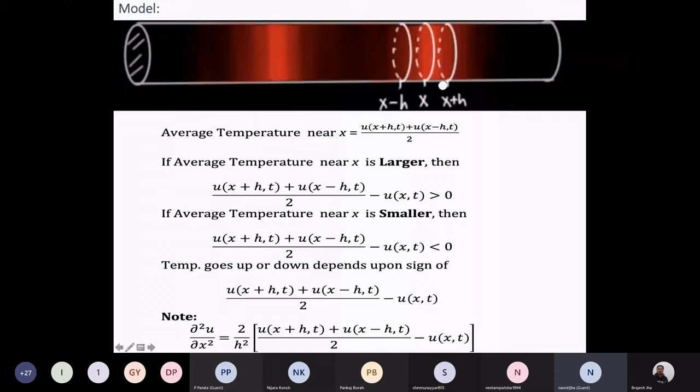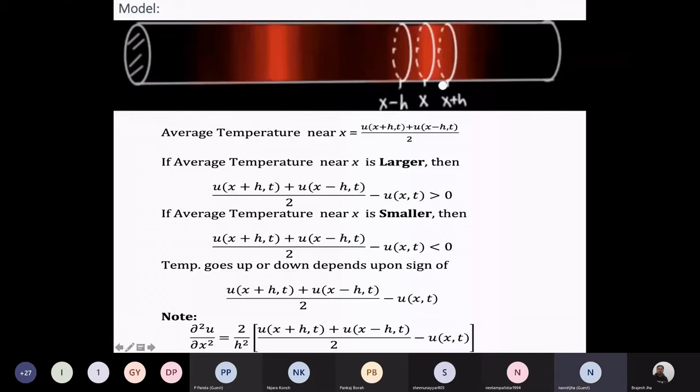So basically whether temperature goes up or down depends upon the sign of this quantity, average minus u. And what is this average minus u? It is basically del 2u by del x square times 2 by h square, which is something you can consider as a constant, the same quantity we discussed here.